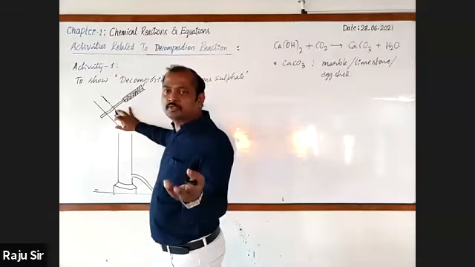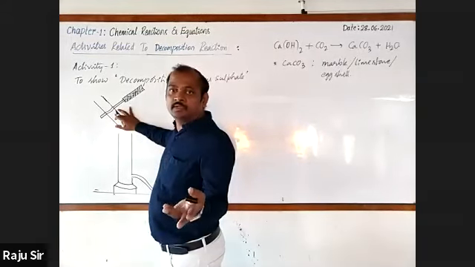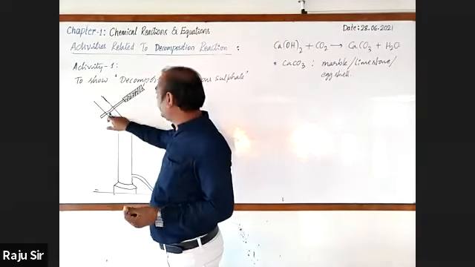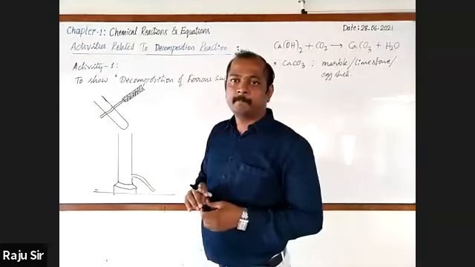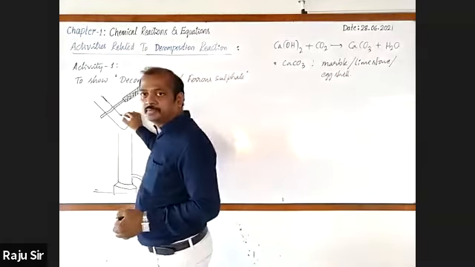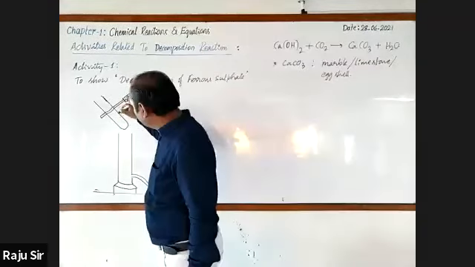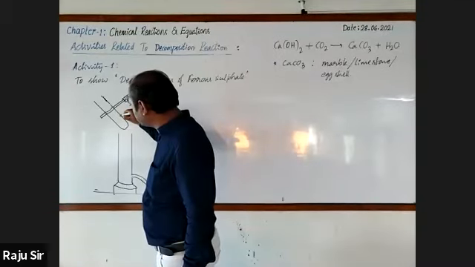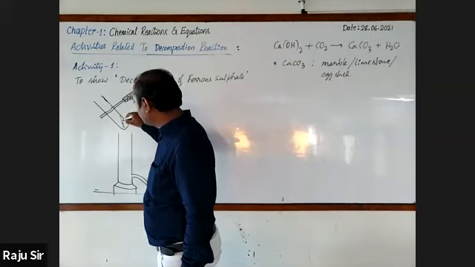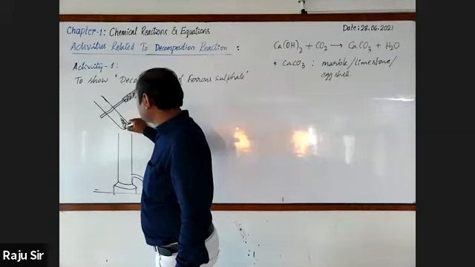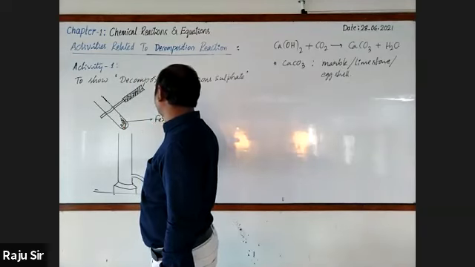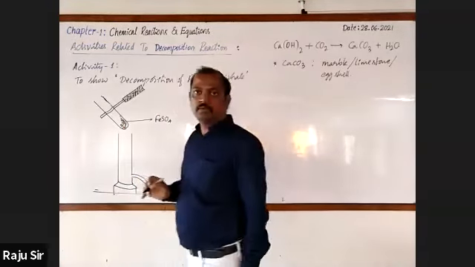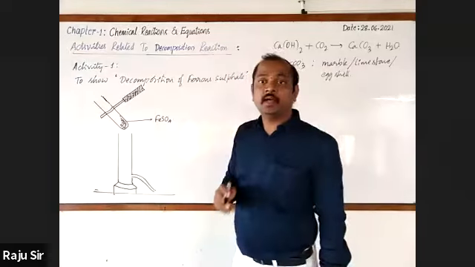The test tube which is used for heating also, we call it a boiling tube, and it is fitted to a test tube holder. Look, in this test tube holder, we will take some crystals of iron sulfate, FeSO4, 7H2O. That is hydrated iron sulfate.